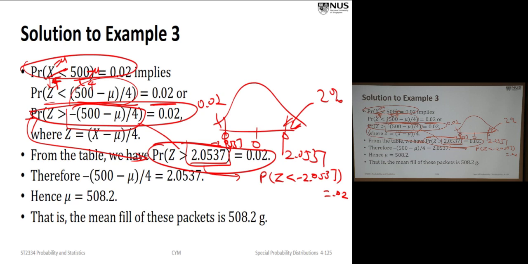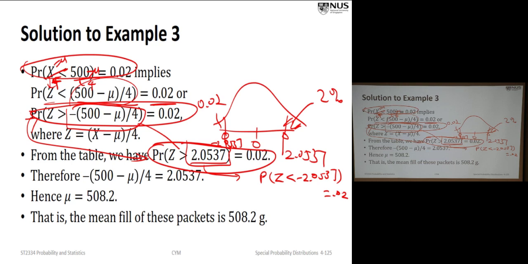I check a bit, not 508. How about 505? What's the consequences if I shift to 505? Then the percentage of below 500 will be more. And that's no good. So what to do?